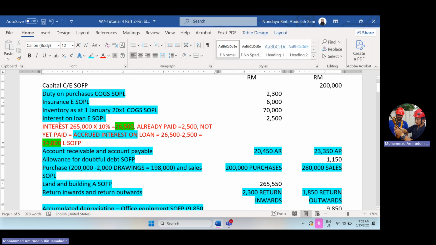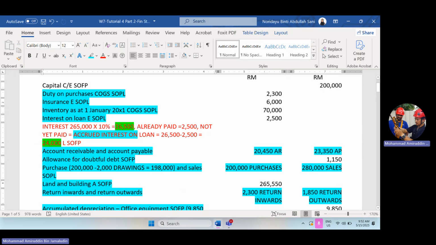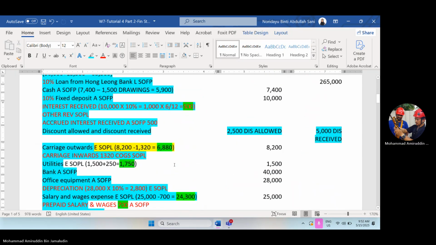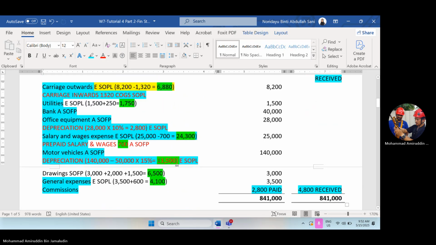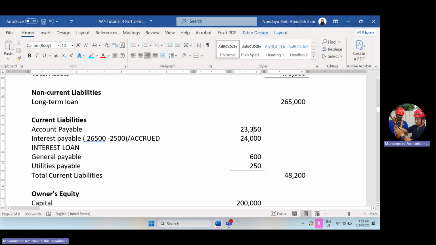This one transferred here, liability, 24,000. You can write interest payable or accrued interest on loan. Both are accepted. What else? Did I miss anything? That's all. Accounts payable, accrued interest on loan.